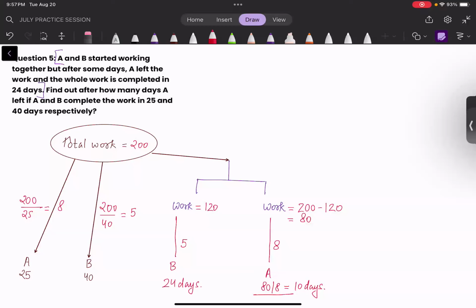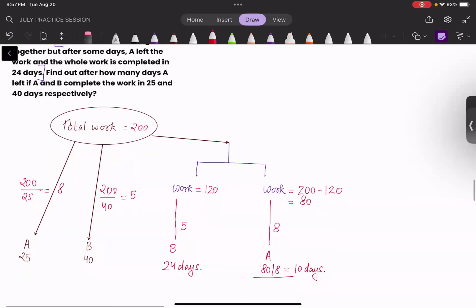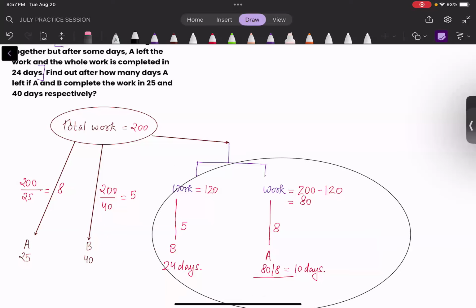Relations are very simple. Work divided by time will give you work rate. Work divided by work rate will give you time. Okay, so this way, one by one, we have to keep on doing it. Last part, that means this one.